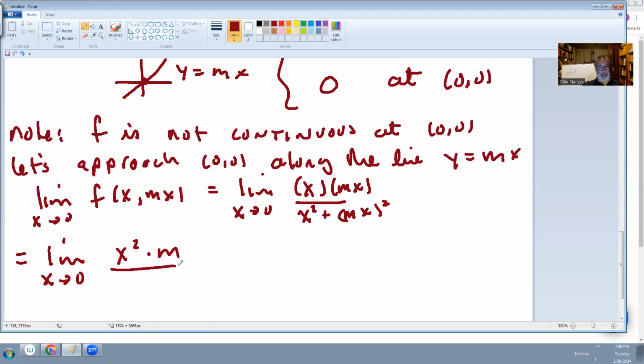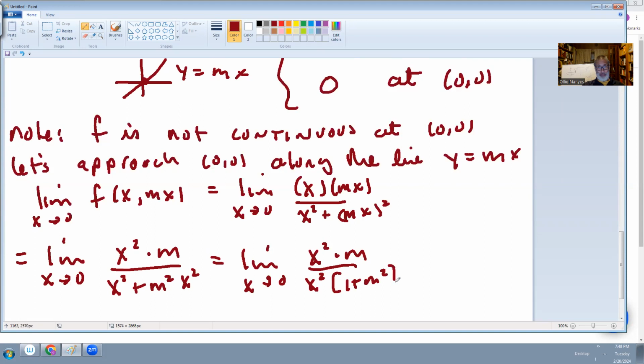On the bottom, we have an x squared times 1 plus m squared. And notice what happens to the x squareds. This turns out to be m over 1 plus m squared.